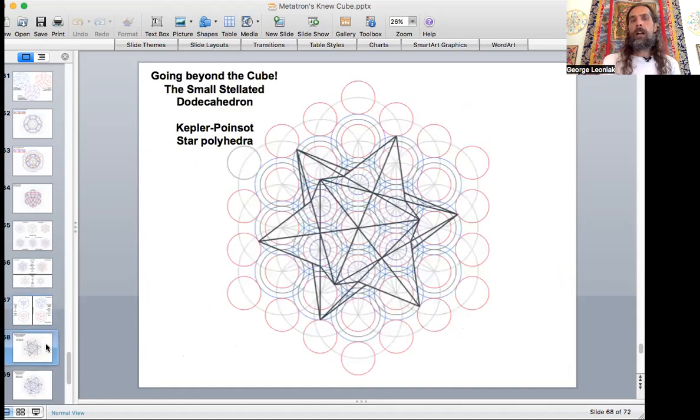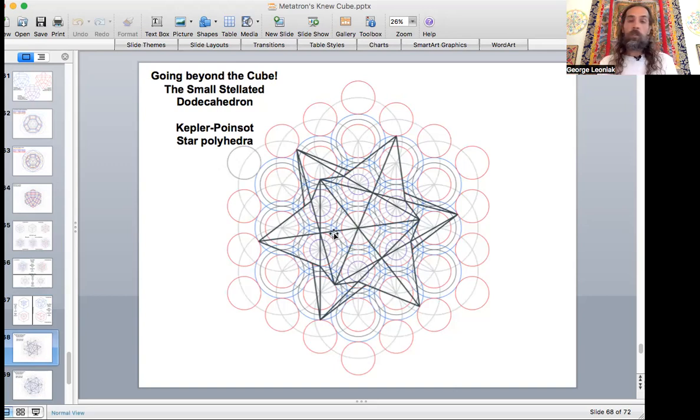But see, it's going to go beyond the cube, and that's a reason why this is an important part: once we start to correct our way of drawing those forms, it opens up a window of possibility to start to explore all these other forms that are really a lot off the radar of many people getting interested in sacred geometry.